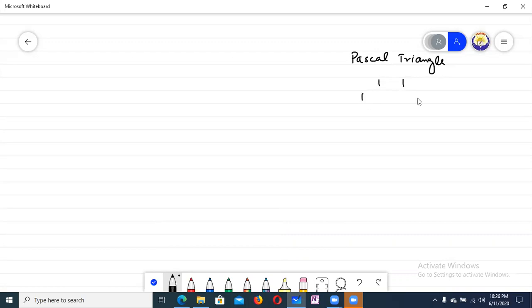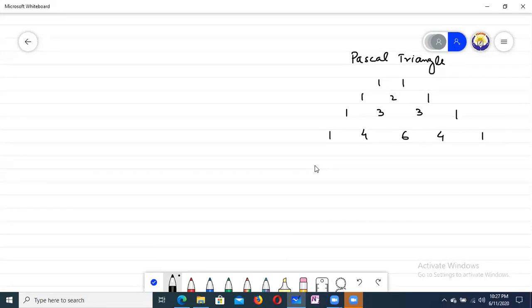In the second row, 1 and 1, then 1 plus 1, 2. In the third row, 1 and 1, then 1 plus 2, 3, and 2 plus 1, 3. Again we will write the first one and the last one, 1, 1, then 1 plus 3, 4, 3 plus 3, 6, and 3 plus 1, 4. In this way we found the triangle. This was the Pascal triangle in the last lecture.